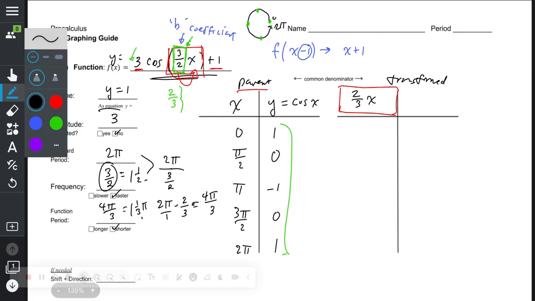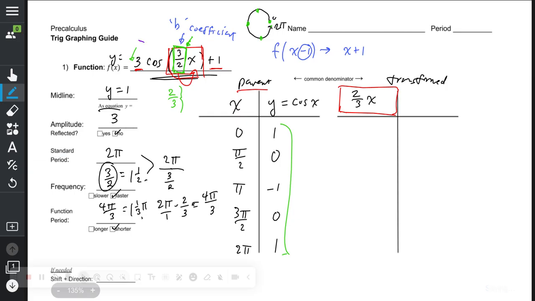For the y, this is usually easier to read from the function. It's that part of the function that is outside the heart of the function, which is the cosine part. And so, which is considered the y, 3y plus 1.